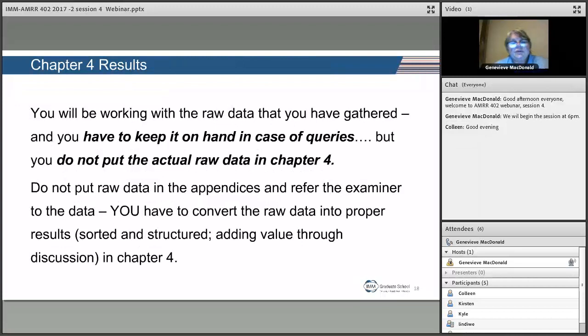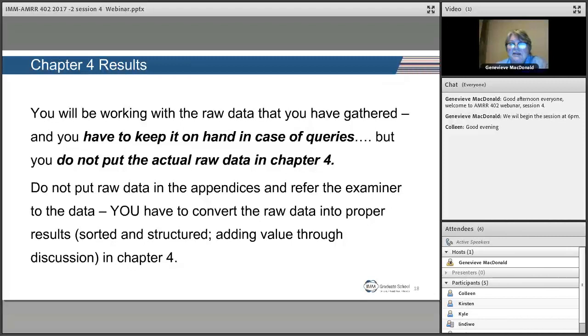You will be working with the raw data that you've gathered. So, for instance, you've done the survey, you have now, say, a spreadsheet with all of that data in, and you have to keep it on hand in case of queries. But you do not put the actual raw data in chapter 4 or in the appendices, and you don't refer the examiner to the data in the appendices.